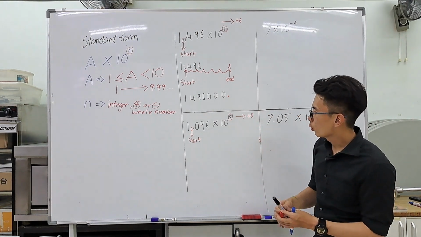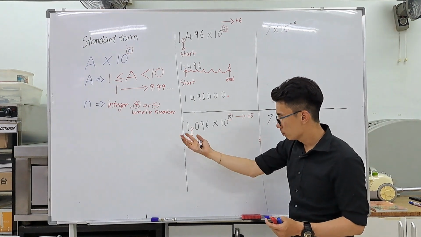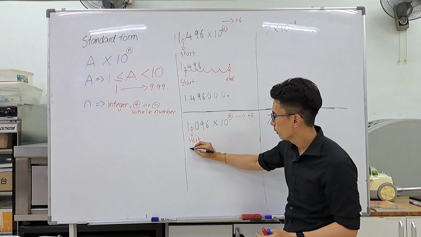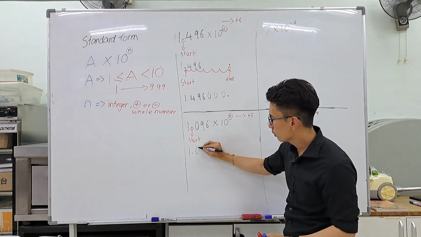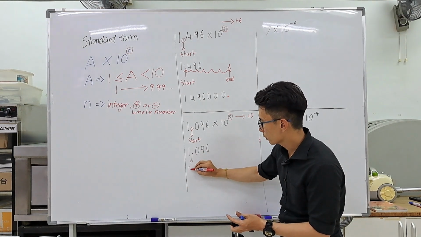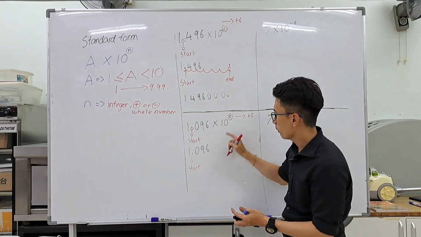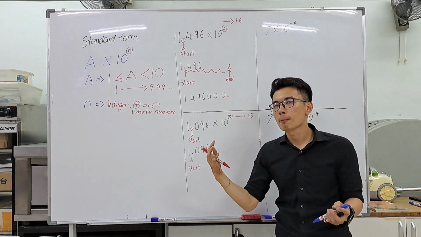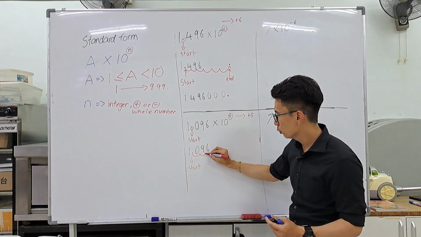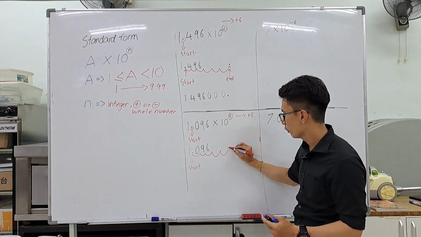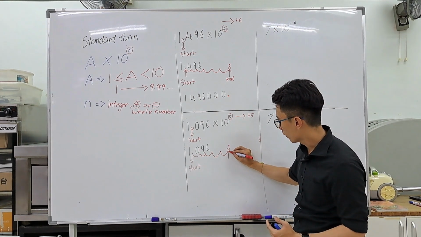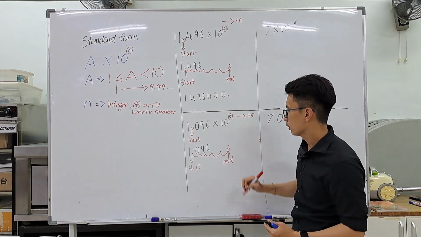So I have 1.096, and this is my start. Based on the power, I need to jump 5 steps to the right: 1, 2, 3, 4, 5. That is where my decimal point has landed, and that's my end.